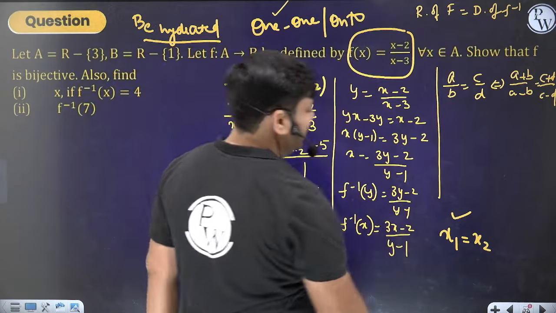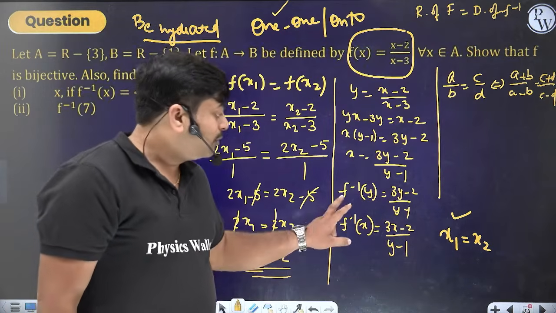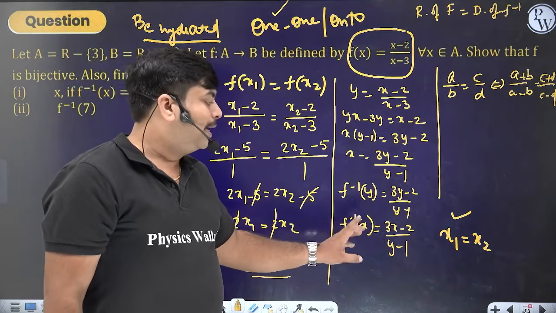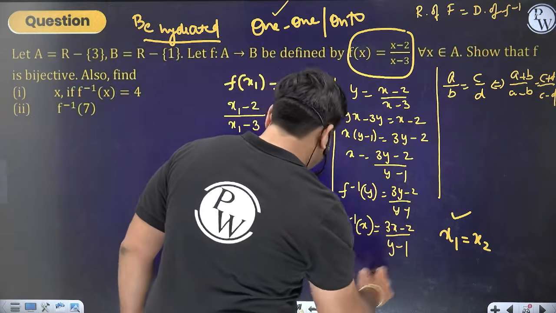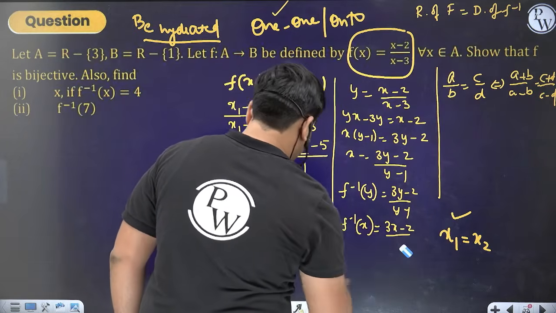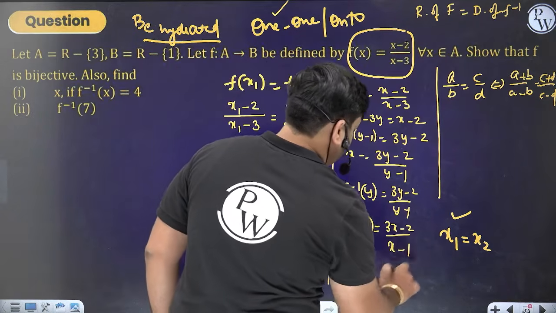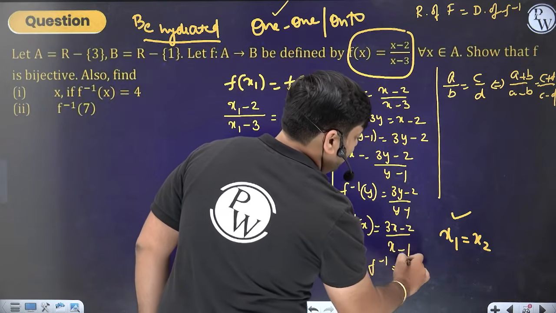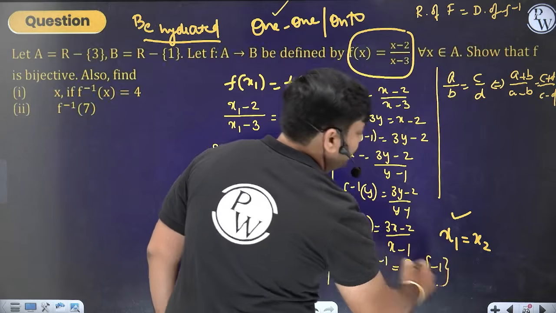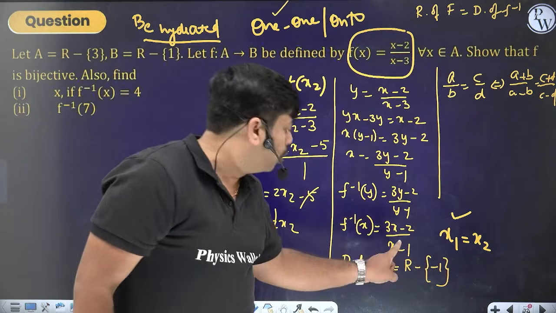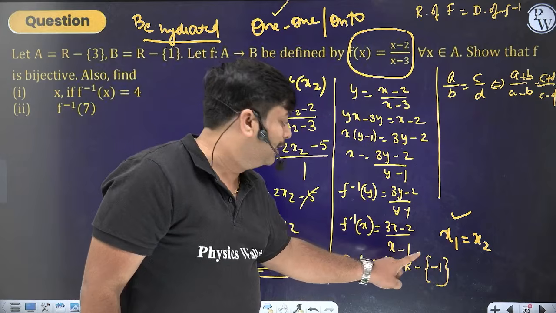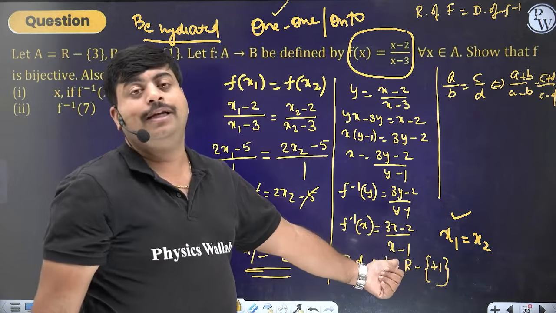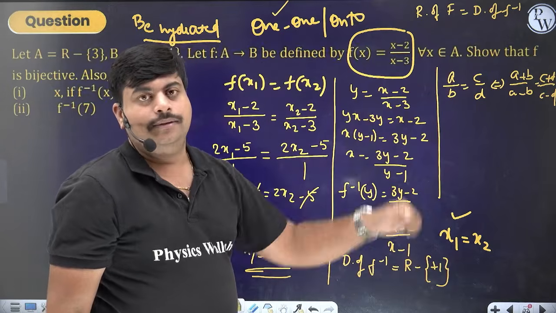Now you need to think again, what is the domain of f inverse? Domain of f inverse is all the real numbers minus the set {1}. Why am I excluding 1? Because it is in the denominator. If I include 1, the denominator becomes undefined.